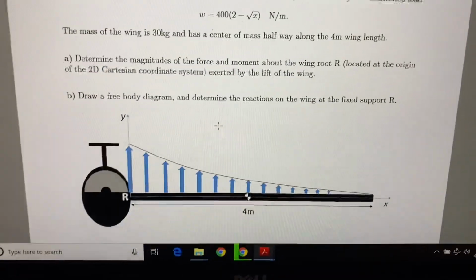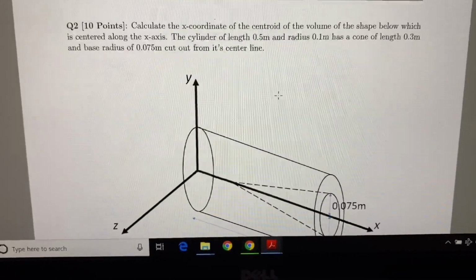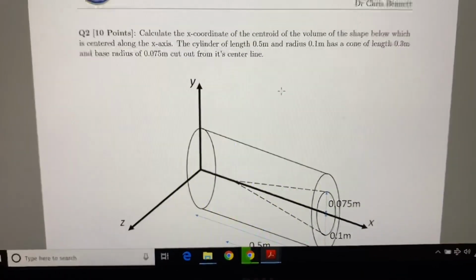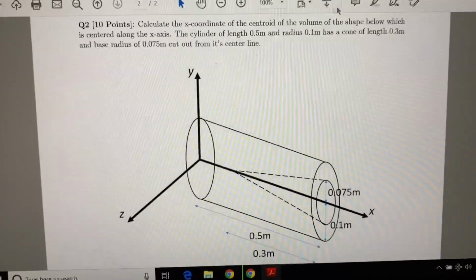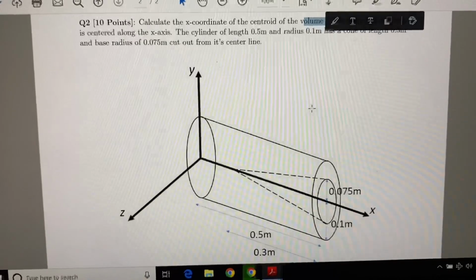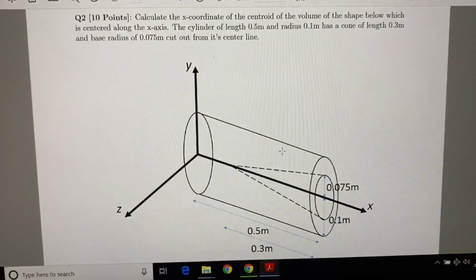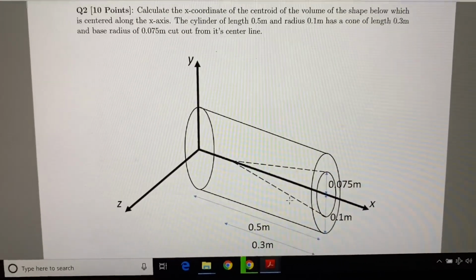Question 2, let's remind ourselves what that was about. It was about finding the x-coordinate of the centroid of the volume of the shape below, which was a cylinder with a cone cut out.